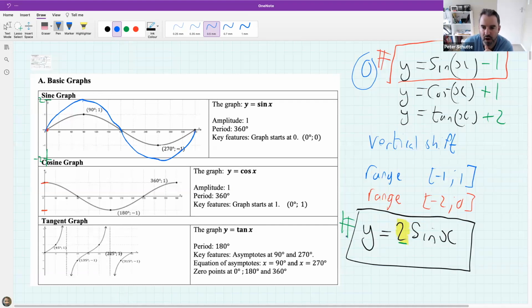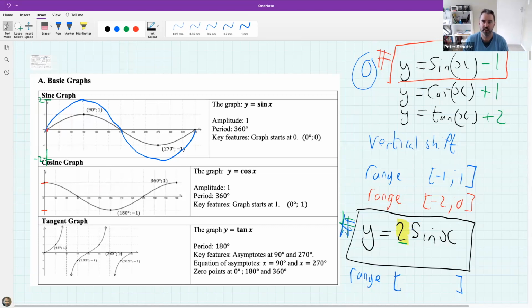So the blue one is what this graph will look like, and it's called an amplitude change, and it stretches the graph up or down. Now, I want to know, what is the range of this new shifted graph, y equals 2 sine x, if you look at the drawing?